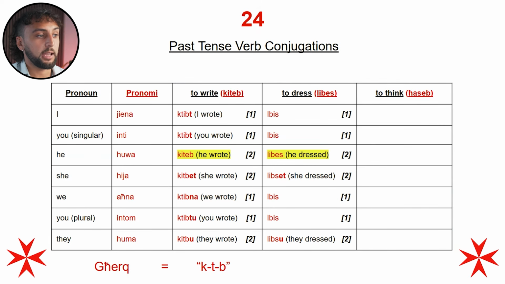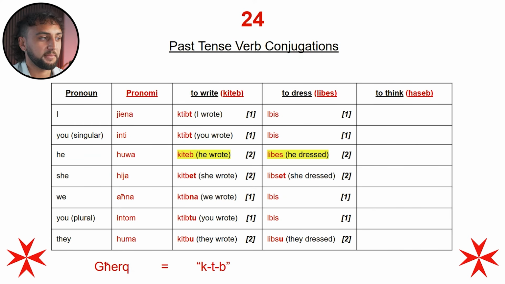And then the very last step that we have to do for these verbs is, can you guess? That's right, we need to add the appropriate suffixes. So for yena, the suffix is t, just like it is for yena ktipt. The same goes for inti, it's the equivalent to yena. Then for ahna, the suffix is na, and for huma, the suffix is u.